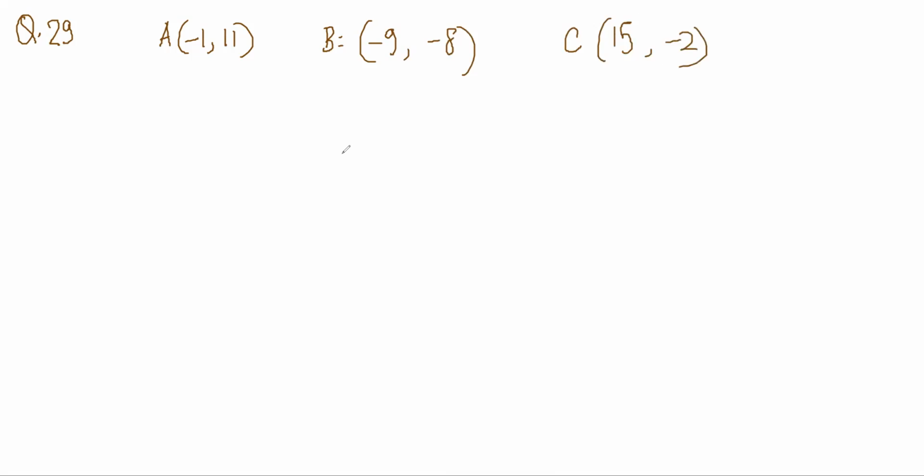So question number 29. Three vertices are given, equation of angle bisector is being asked, right? So vertices are A (-1, 11), B (-9, -8), C is (15, -2).